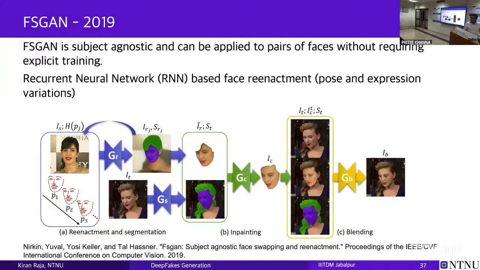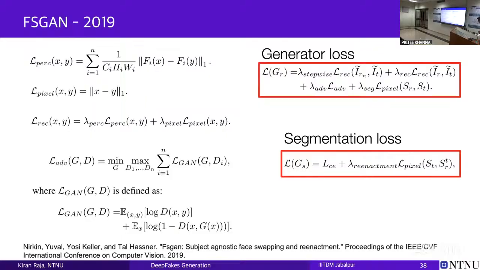Okay, so this is the idea of FSGAN, and in FSGAN, what they did is they introduced the loss function slightly differently. They said I need to have this perceptual quality, and then the reconstruction quality, and in addition to that, I also need to make sure that the segmentation is proper and the generation loss is right. So you are combining everything again.